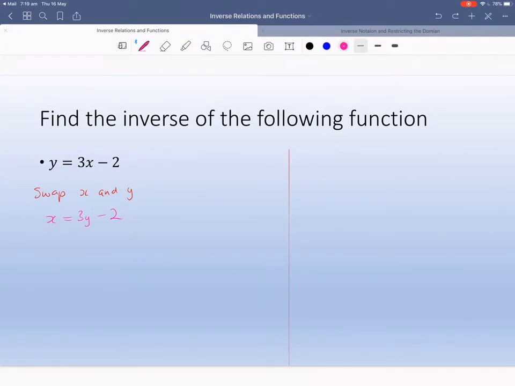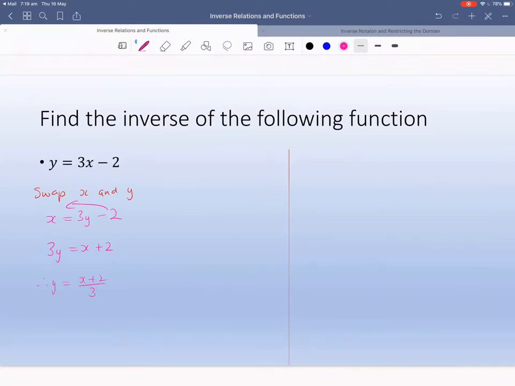Now I've got to make y the subject. So I've got 3y equals x plus 2. I've moved this to the other side and turned things around, so I've got 3y by itself. Almost there. Therefore, y equals (x plus 2) over 3.